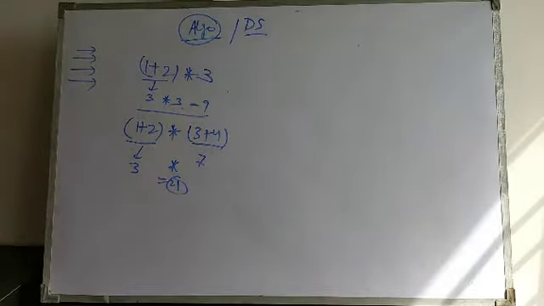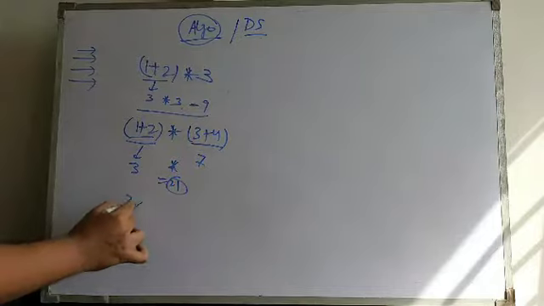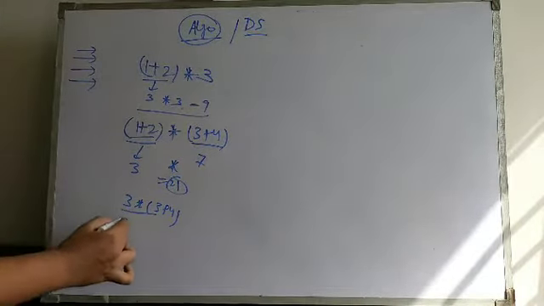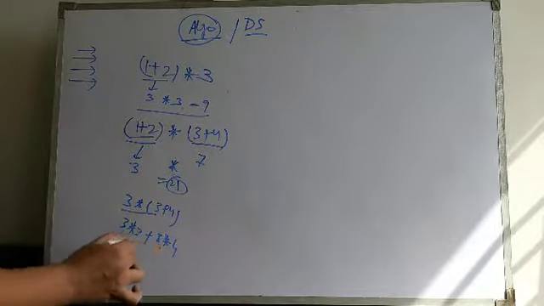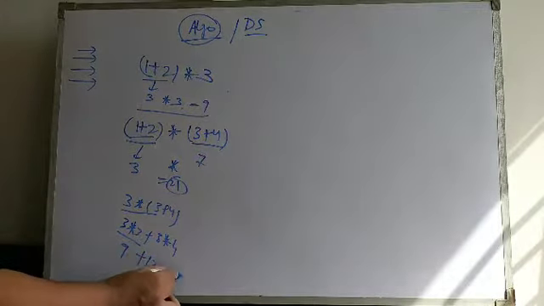And another person can do it like this. First add these two numbers, 3. Then he can use the distribution, 3 into 3 plus 3 into 4. So this will be 9 and this will be 12. So the answer will be 21.